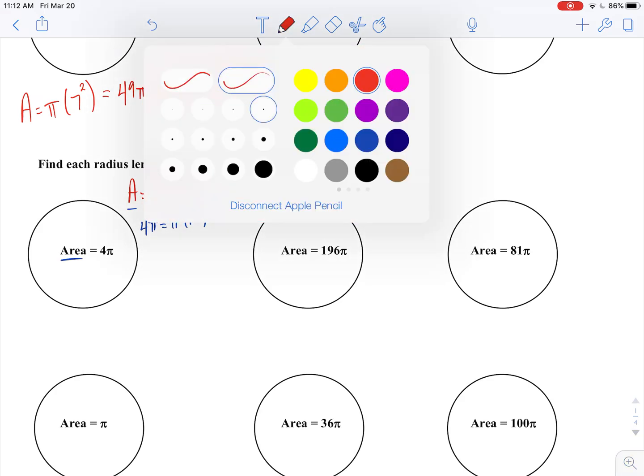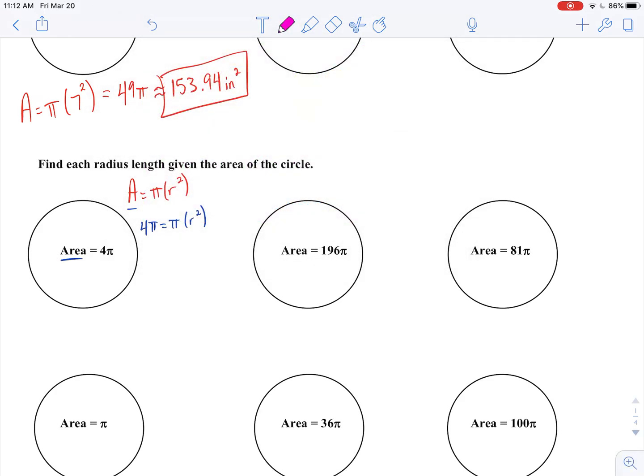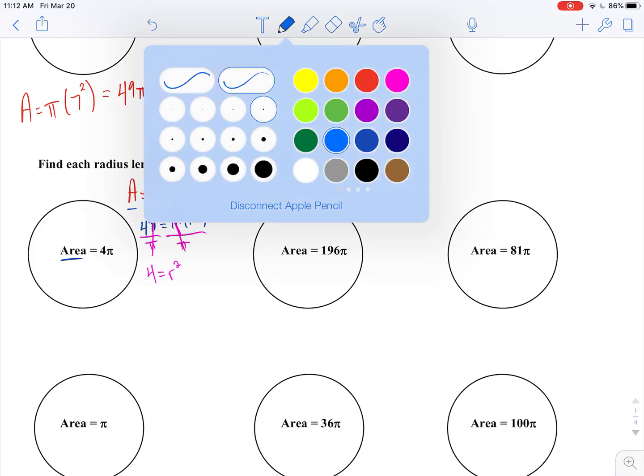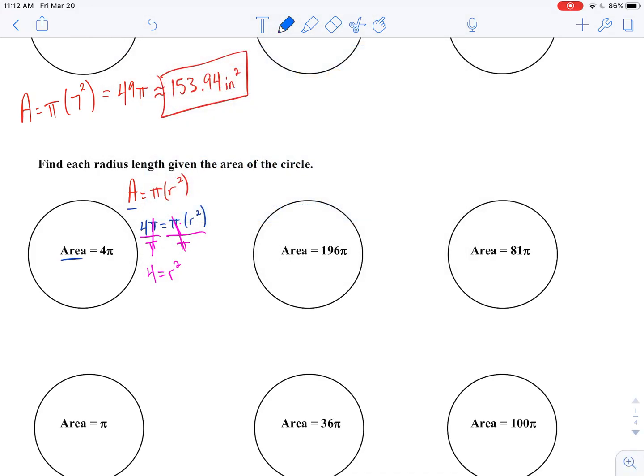And I want to solve for r squared. So what do I need to get rid of? Well, I've got to get rid of pi. And how do I get rid of a pi? What's the opposite of multiplying by pi here? The opposite of multiplying by pi is dividing by pi. So 4 equals r squared.